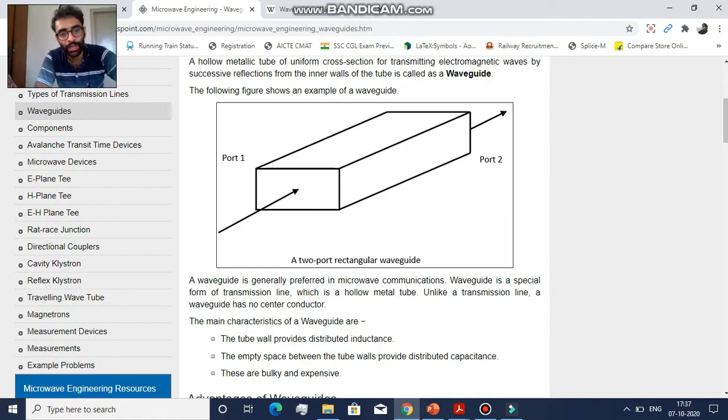From port 1 the wave enters and from port 2 the wave exits. The purpose of the waveguide is to cause minimum attenuation to the wave by restricting the energy of the wave into a single direction. Now, what are the main characteristics of a waveguide? These are some of the important things that you should remember for your answer writing.